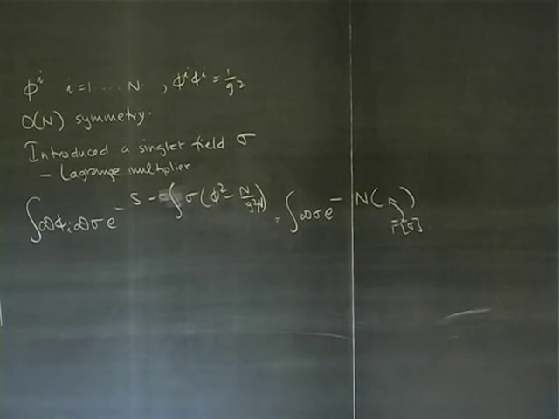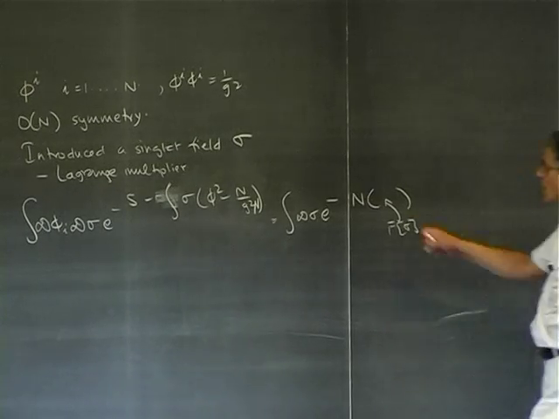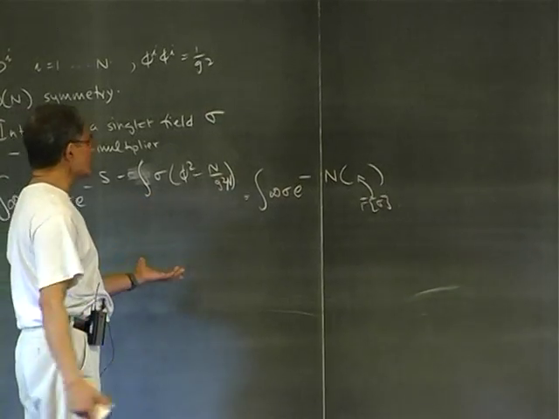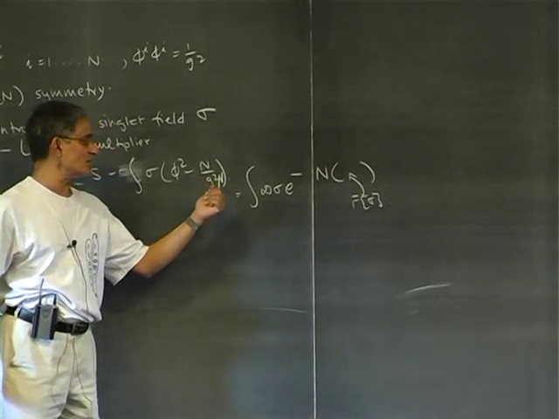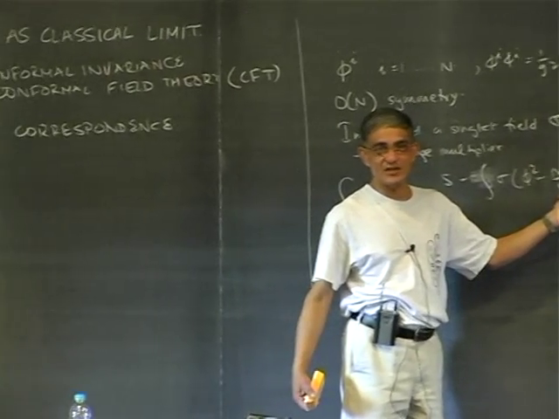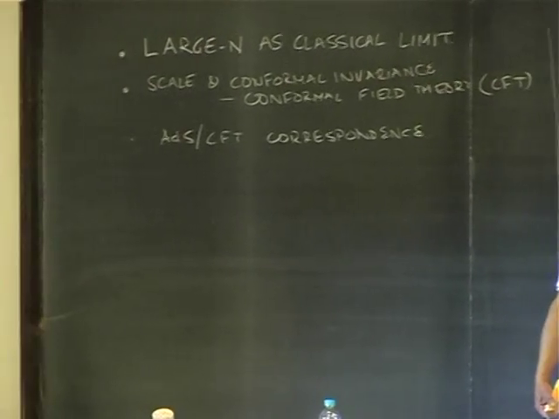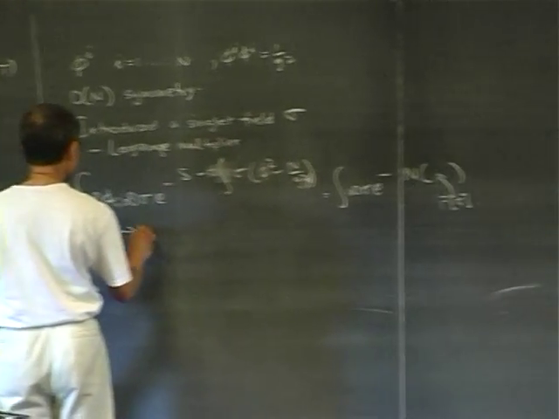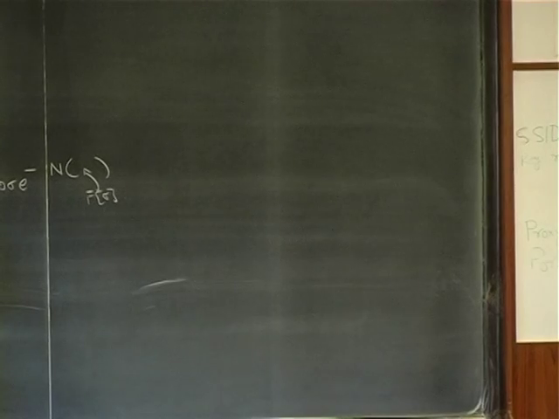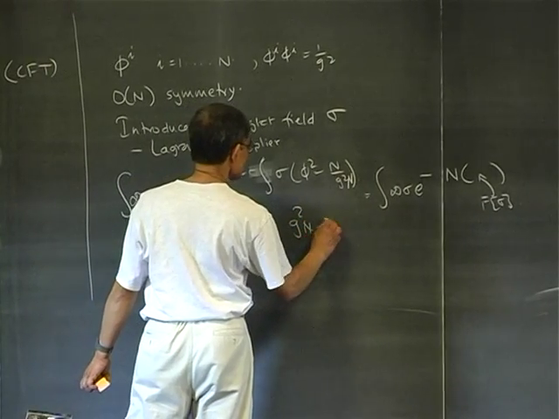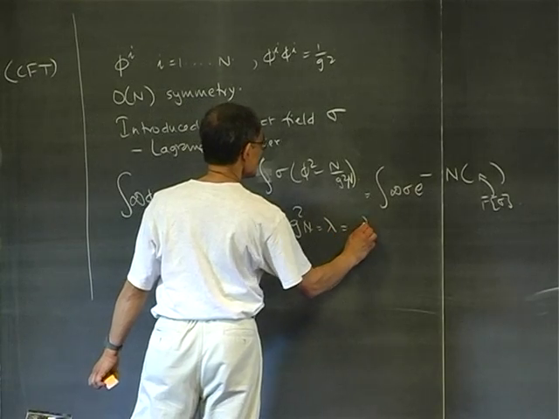It is important that n came out as an overall factor, and the reason why it eventually came out as an overall factor is because we wrote everything in terms of the combination g squared times n. So that allowed us to take a limit n tending to infinity, g tending to 0, g squared times n, lambda, is order 1.